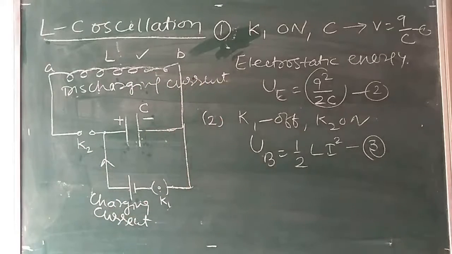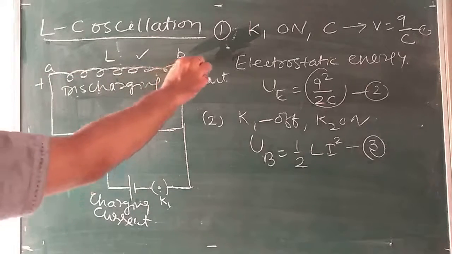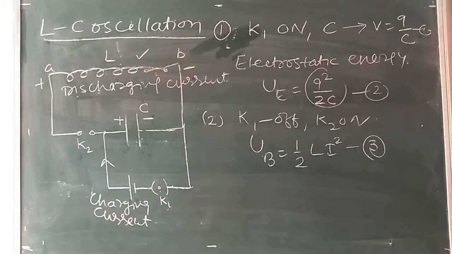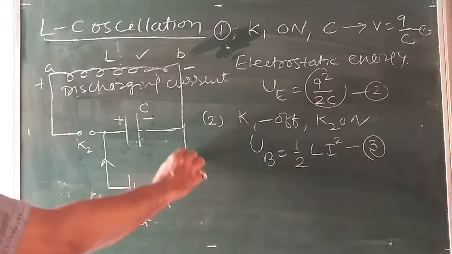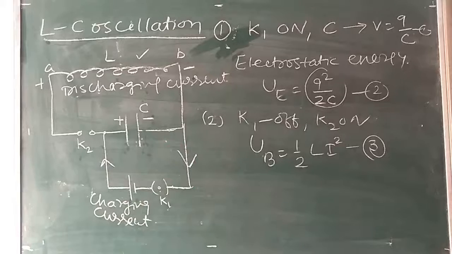Draw the diagram. Here I can say positive, here I can say negative. Now draw this diagram and write these two states.